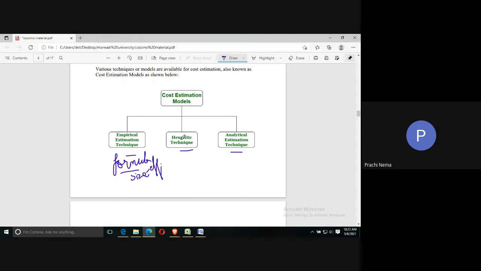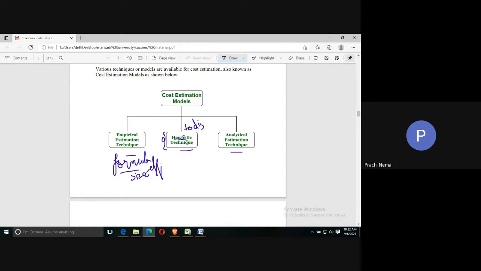Heuristic technique: the word heuristic means to discover, to invent or to find something new. In the heuristic technique, these techniques are flexible, they depend upon the system. So if the system is a different one, we will not use a formula like the empirical estimation technique to find the cost.